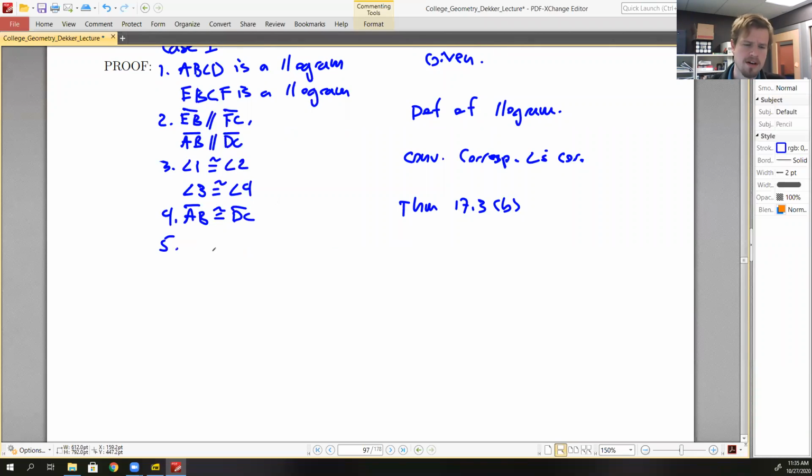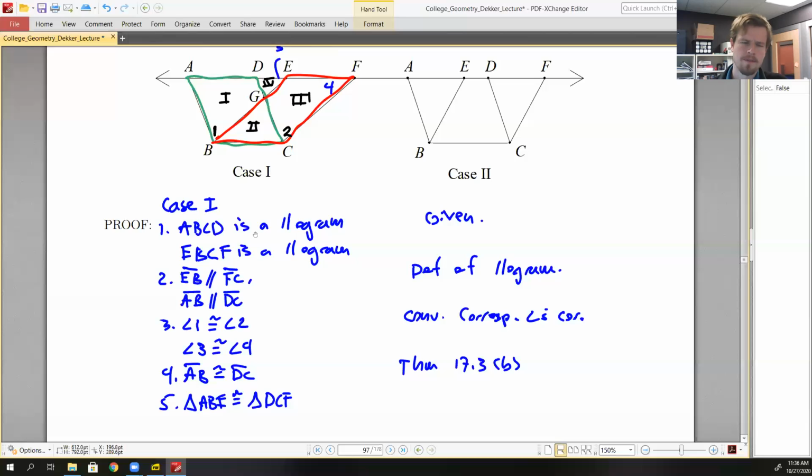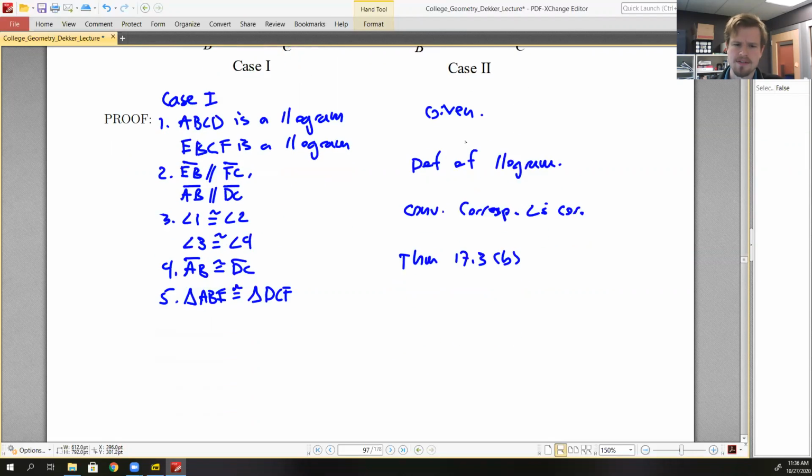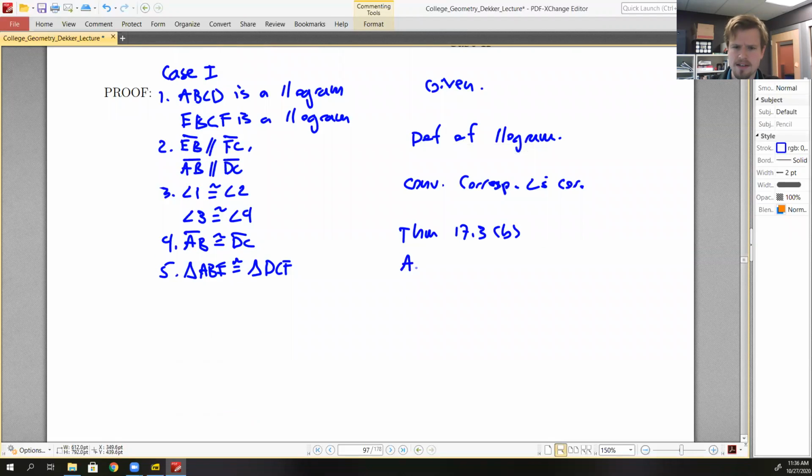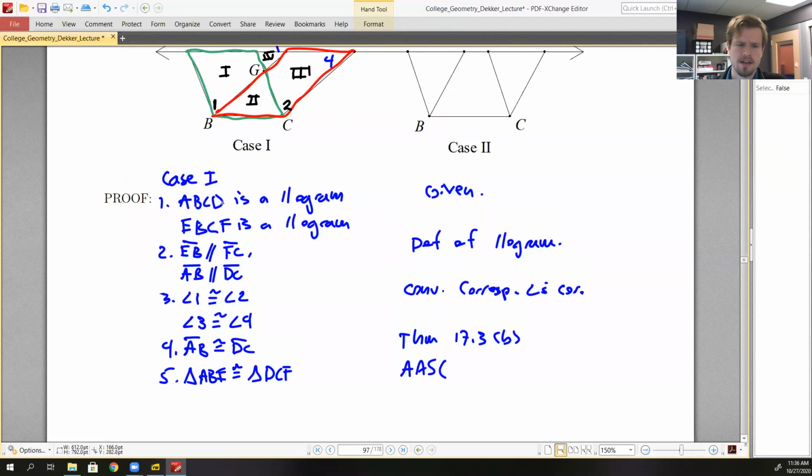So that way here in our next step, we can say that triangle ABE is congruent to triangle DCF, and that's given by angle, angle, side, where the first angle is actually 3 and 4, so angle 3 and 4.